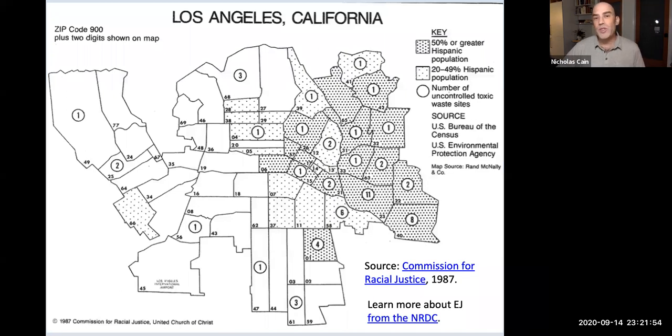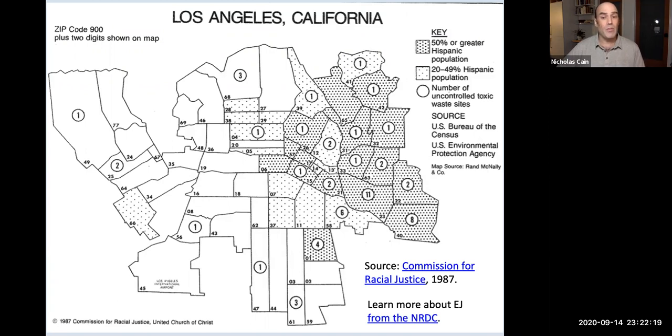And this map was really an early example of how GIS was used to make a policy argument and to reveal something that many people intuitively could not grasp or would not grasp, that there was an association between lower income and minority neighborhoods and a disproportionate number of toxic waste sites.